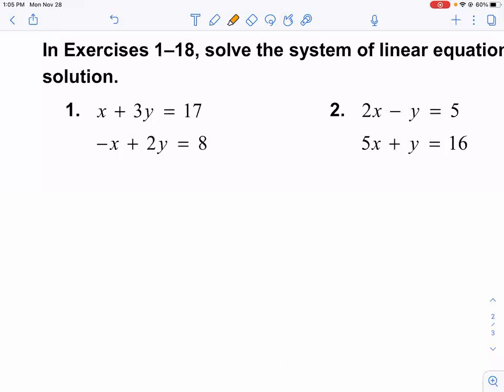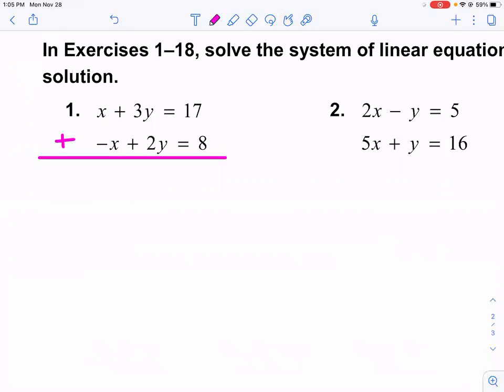Okay, do we have a set of variables that are opposites? Yeah. Which variables? Okay, notice how my x's are already opposites. So what we can do is we can add these two equations together. Please put the plus and the equals line.